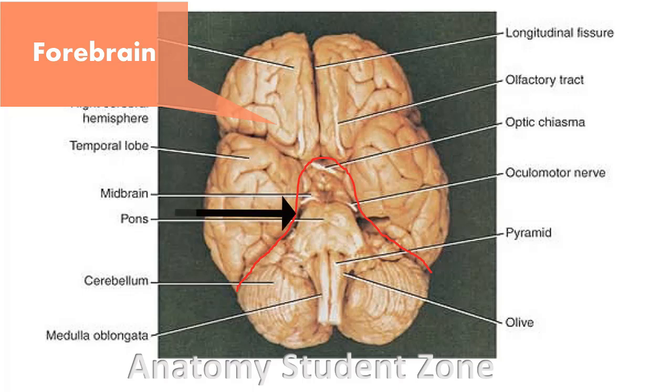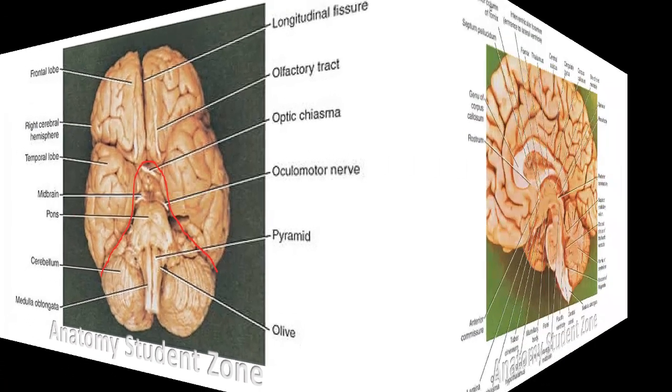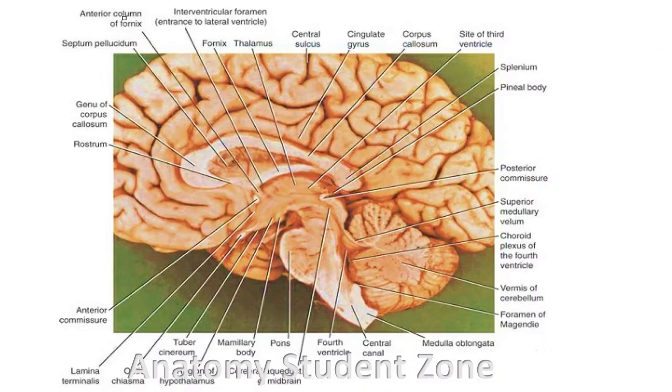Our forebrain controls our body temperature, reproductive function, eating and sleeping, and it also displays our emotions. So it means the forebrain has anatomical structures that perform and coordinate all these functions. I'm sure in this complex image you can identify the forebrain.